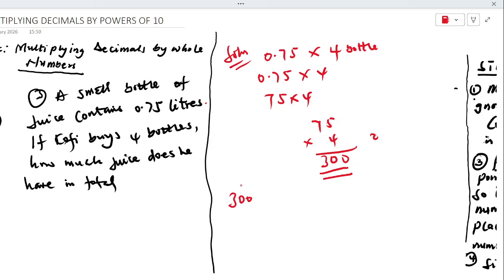First of all, you count the number of decimal places. 0.75 has 2 decimal places. So you stand in front here and move the decimal point 2 times to the left. So you move 1, and you move 2. So the decimal point will now be here, telling you that our final answer will be 3.00.